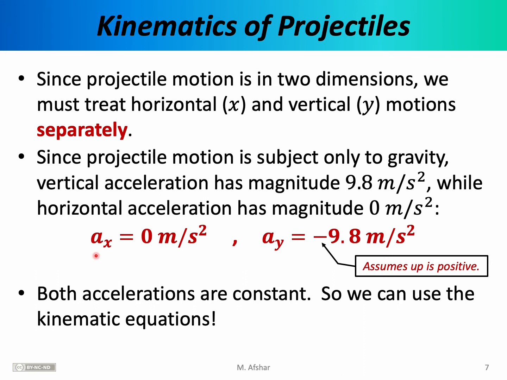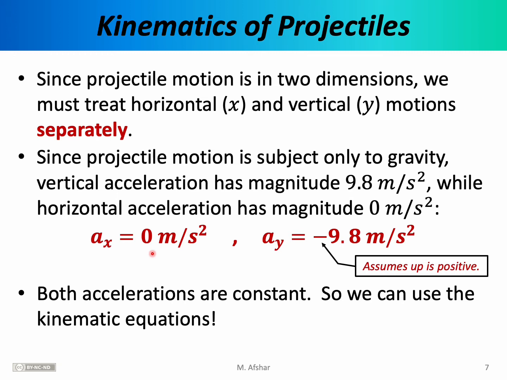We are treating the x and y motion separately, so in addition to specifying the y acceleration, we must also specify the x acceleration. Since we're interested specifically in projectile motion, and since in that case gravity is the only force acting on the object, the x acceleration is going to be 0.